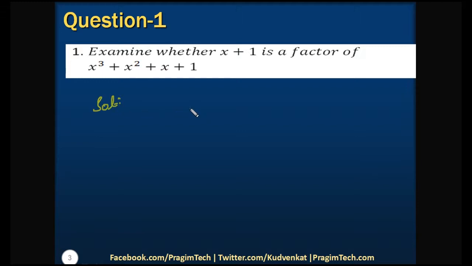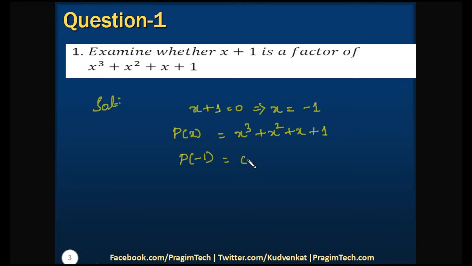Let us first equate x plus 1 to 0, which implies x is equal to minus 1. Now let the given polynomial be p of x, that is equal to x cube plus x square plus x plus 1. Now we'll calculate p of minus 1.